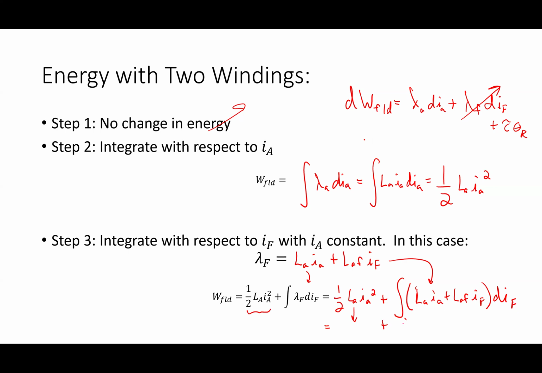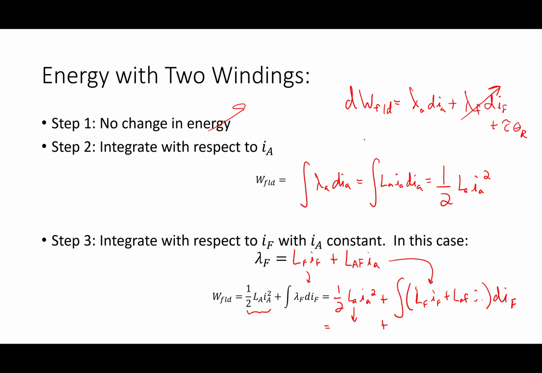If I think about what this integral is going to become, if I'm taking the integral with respect to I_F, I've got to be careful here. This is L_F I_F. This is L_AF I_A, because I'm talking about coil A. All right.